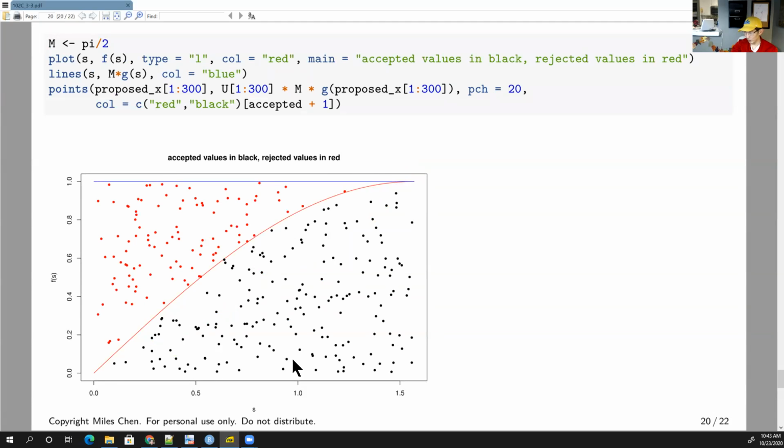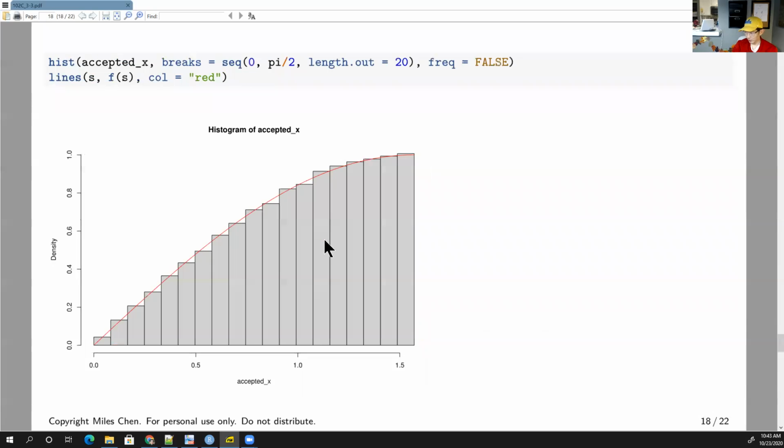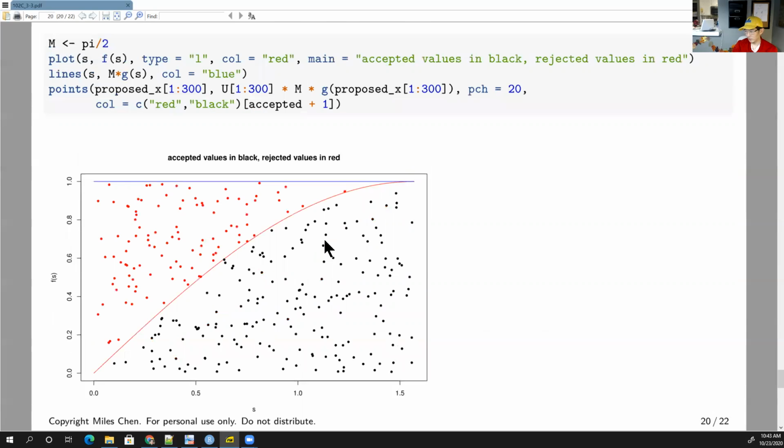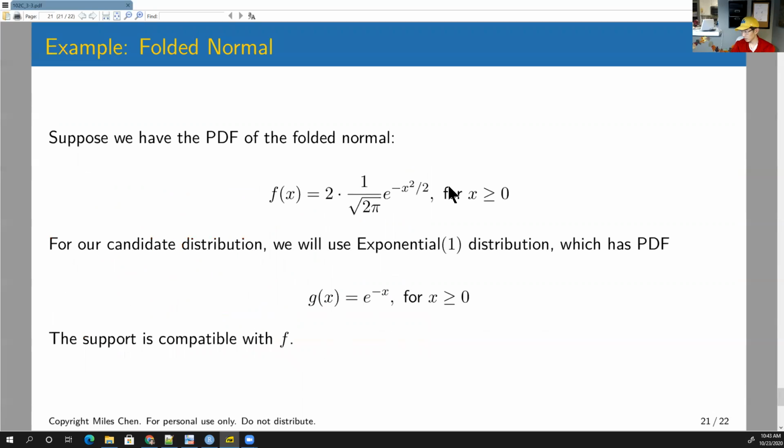And so this is why our histogram ends up looking like the shape that we want. And so the proposed points are located at u times m times g of the proposed values there. And so that's that.